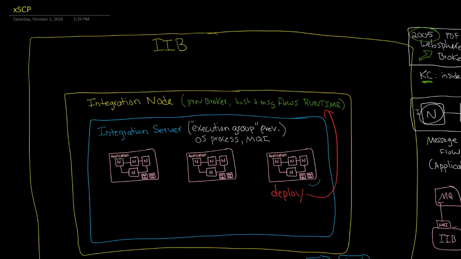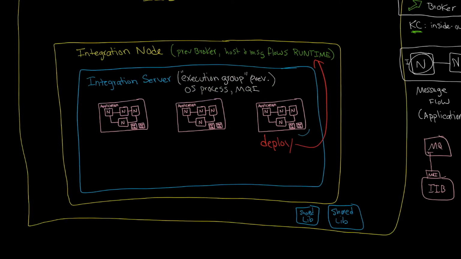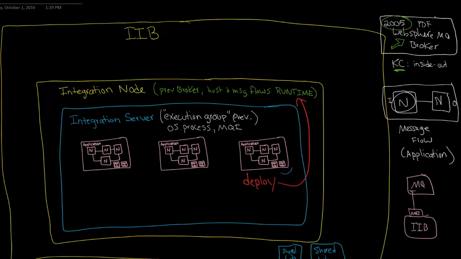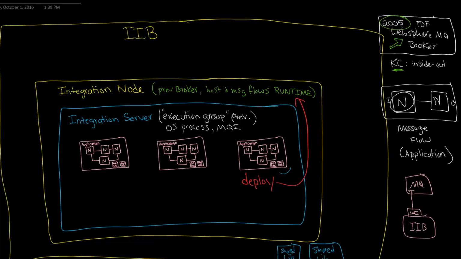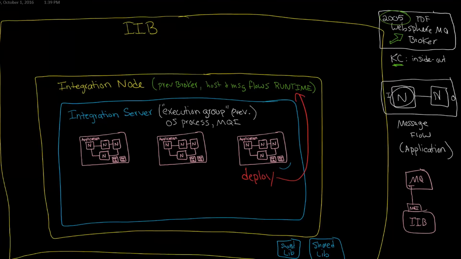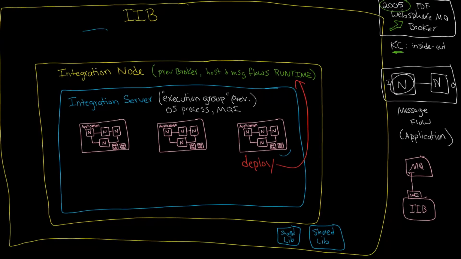So that's important. Now, another thing to keep in mind, and we haven't seen this yet, is that there are components that live out here, in this area. Depending on what they are doing, those components are essentially connecting into the integration node. So you can have a component here, and here, and here.